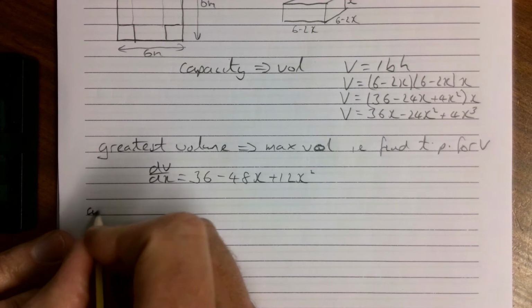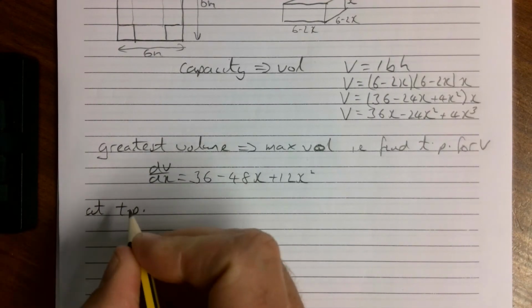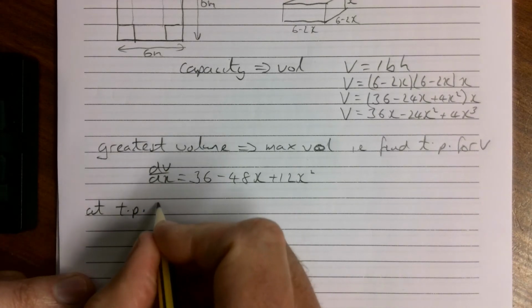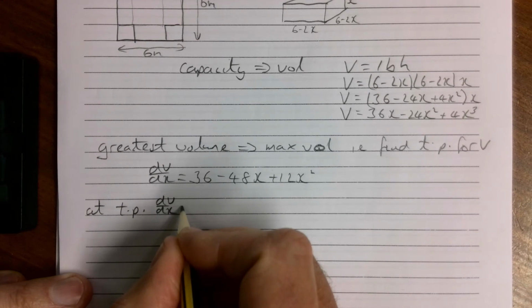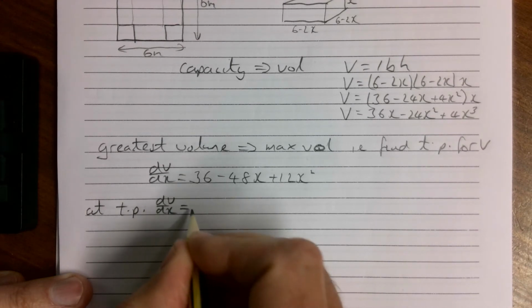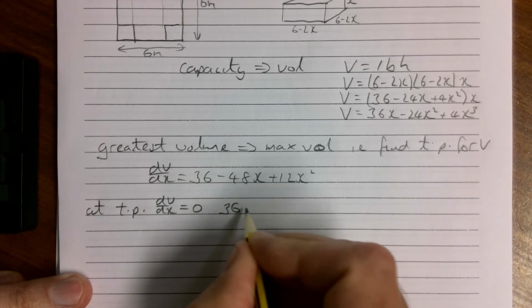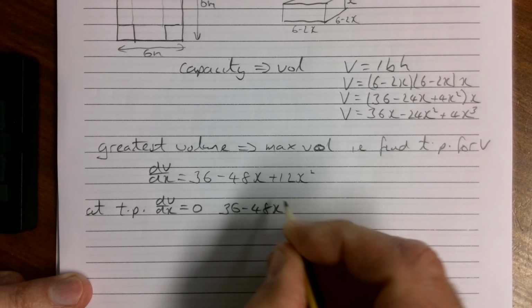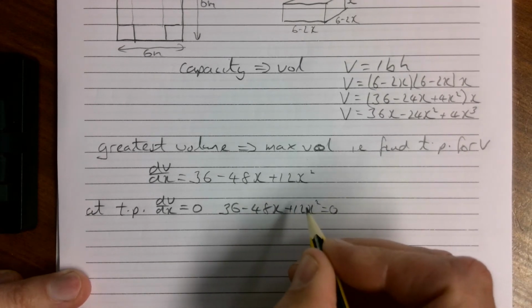At a turning point, dV by dx equals 0. So we're going to go 36 minus 48x plus 12x squared equals 0.